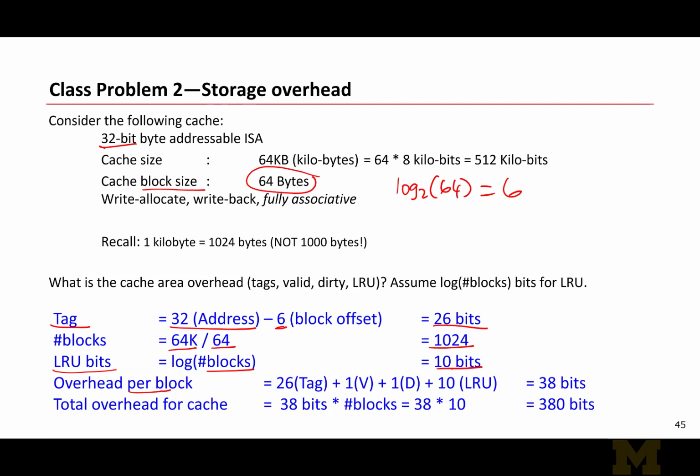So for every block you need 26 tag bits, which we computed first, 1 valid/invalid bit, 1 dirty bit, and 10 bits for LRU. Totally that gives you 38 bits per block. We have not talked about this dirty bit yet, but we will do that when we talk about write-back caches.